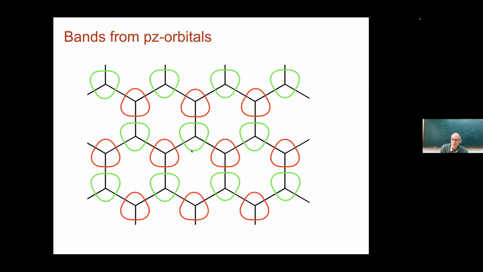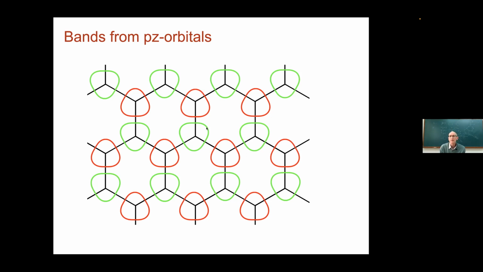In other words, you don't really need group theory to construct a tight binding model, but if you don't, you always risk the following thing. You may leave out couplings which are forbidden if these are really s orbitals, just by symmetry, because you have a higher symmetry, but they are allowed when you take into account that these things are not so symmetric, that they are only A1 symmetric orbitals.